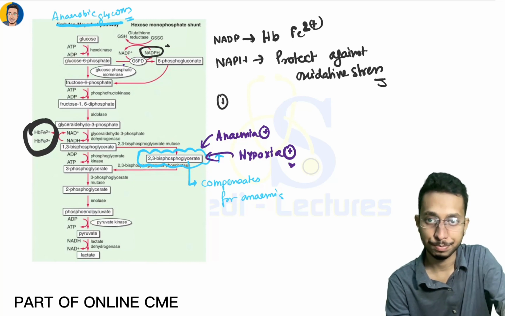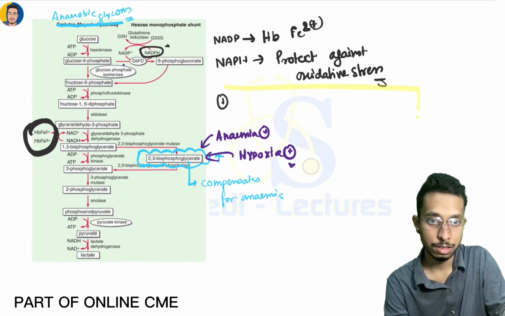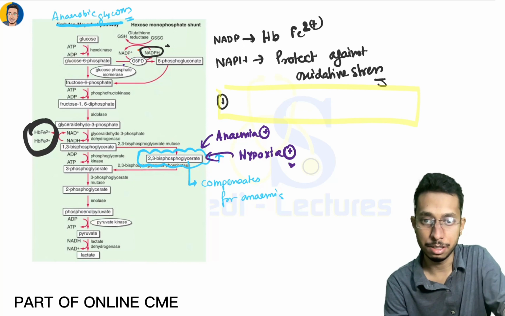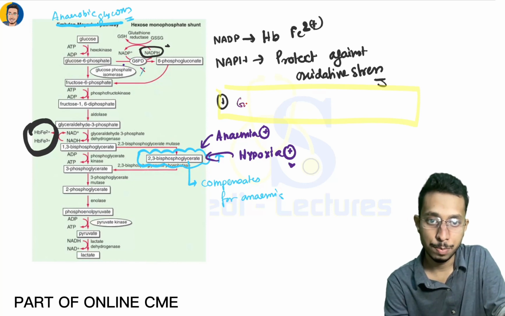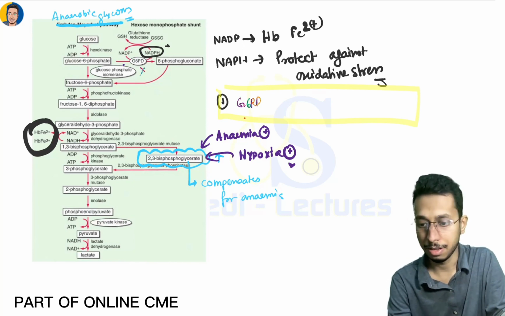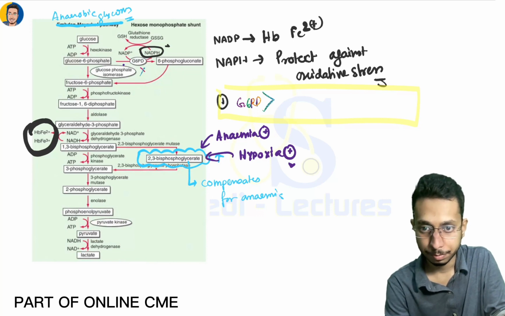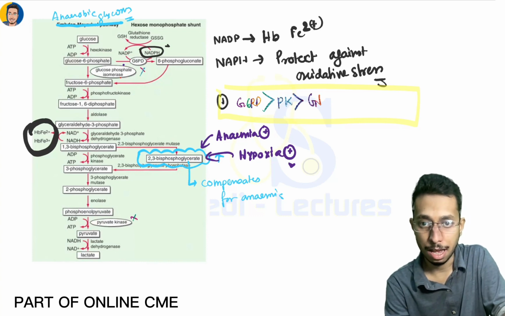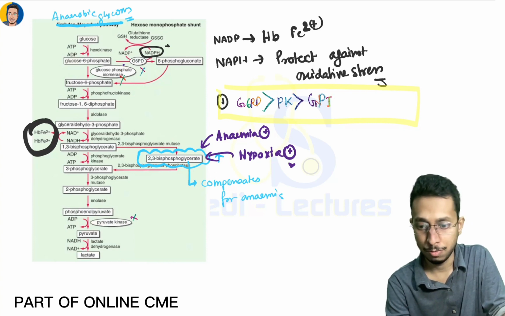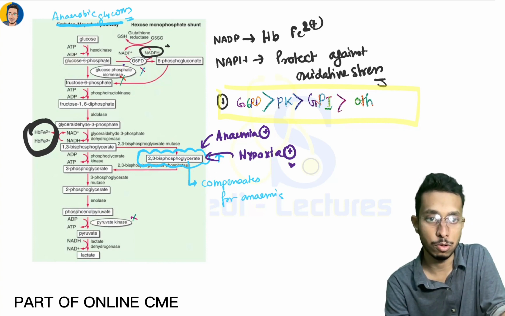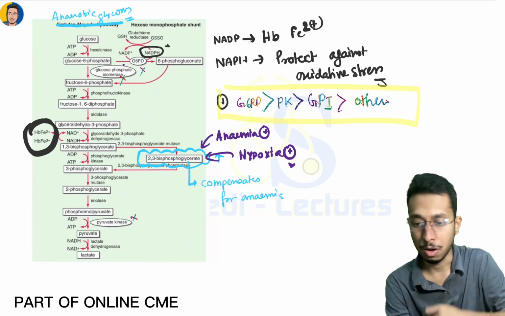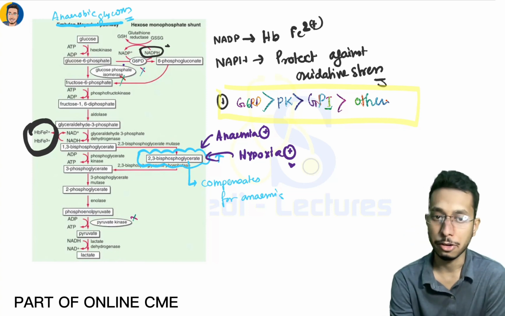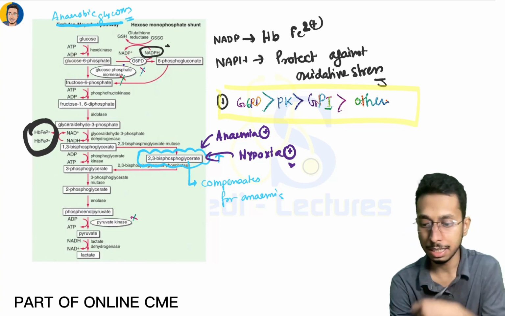The most common one is G6PD defect, followed by pyruvate kinase, followed by glucose phosphate isomerase, and followed by the other causes. These are the enzyme defects or enzymopathies leading to inherited intracorpuscular hemolytic anemia.